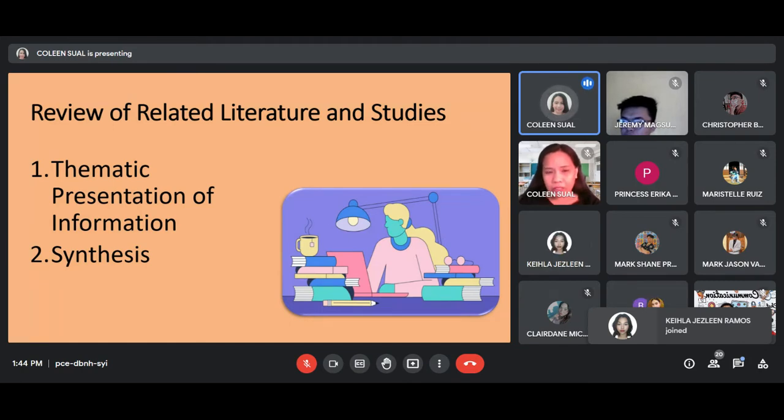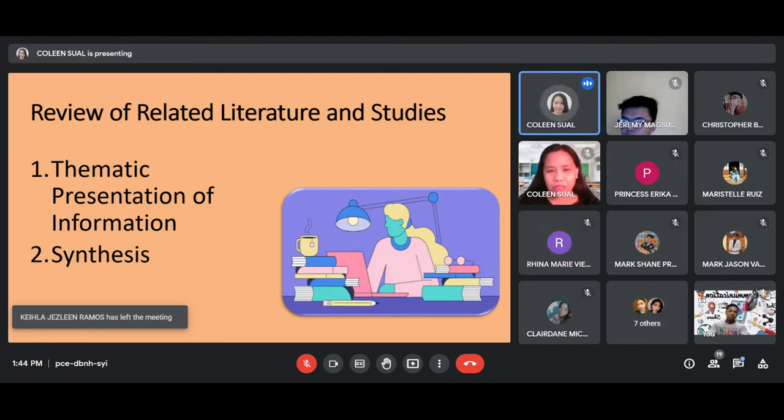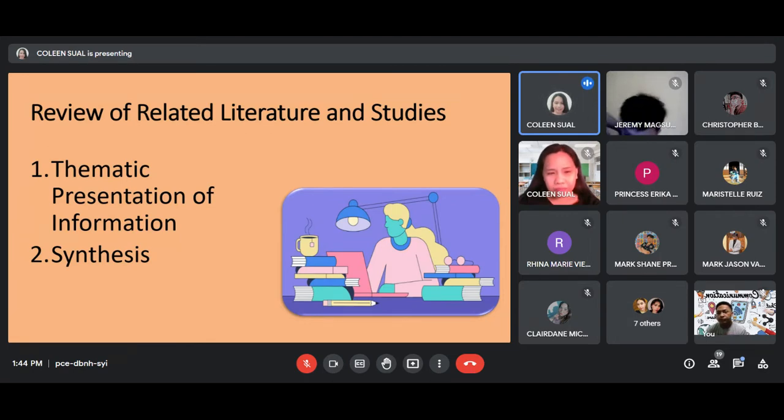What do you write in the synthesis of your study? The summary of all the topics that you have discussed and the significance of including those pieces of information in your study.